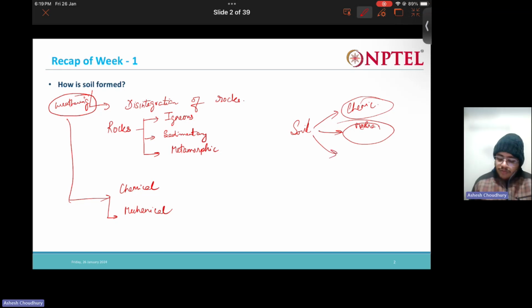And one more: soil can be organic. Okay, the soil can actually originate from organic material, right? So organic materials such as plants that are decomposed over years and years, they get deposited and finally they form organic soils. Okay.